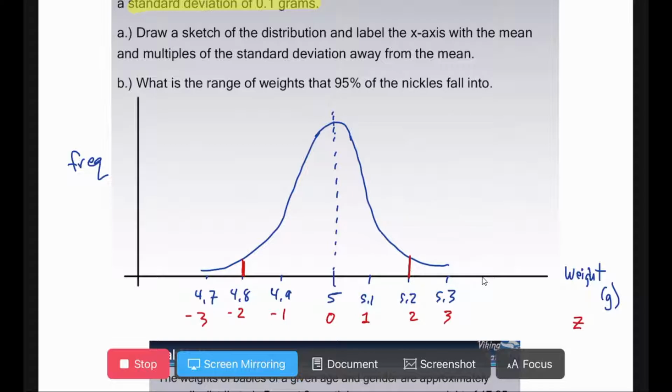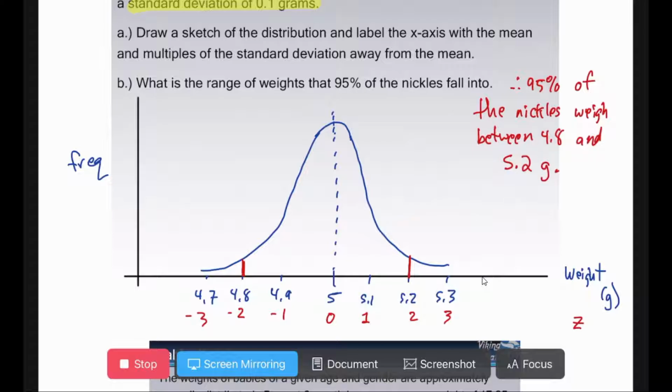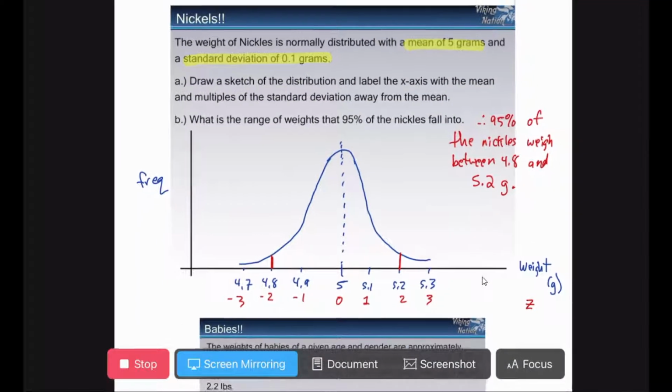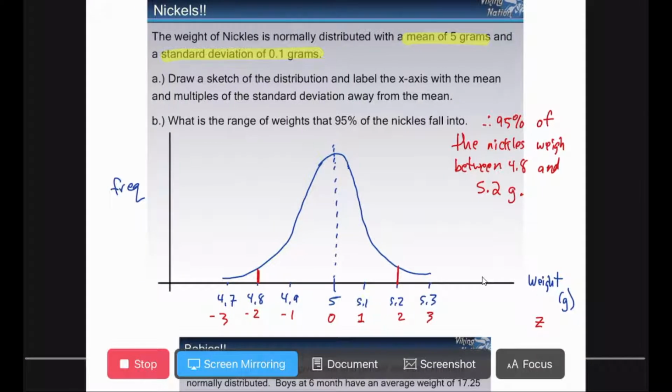And we can quickly say that, therefore, 95% of the nickels weigh between 4.8 and 5.2 grams. And so that's helpful because, because of what we've learned about normal distributions and their characteristics, we can quickly answer a question like this using our 68%, 95%, and 99.7% rule.